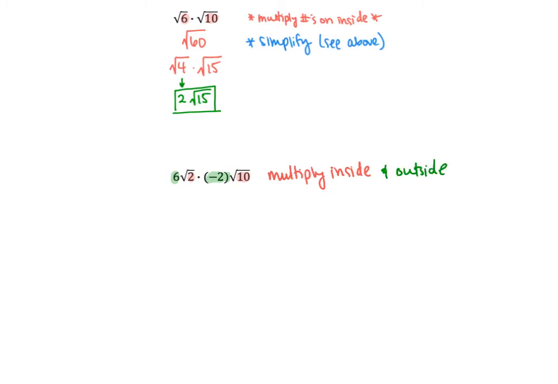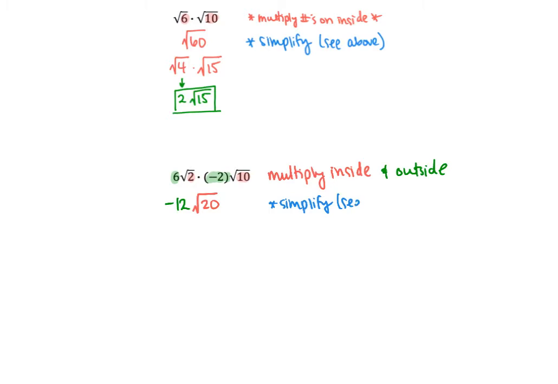The numbers on the outside, 6 times negative 2 is negative 12. And then 2 times 10 is 20, so this is going to be the square root of 20. Once you multiply the numbers on the inside and the outside, then we're going to simplify.